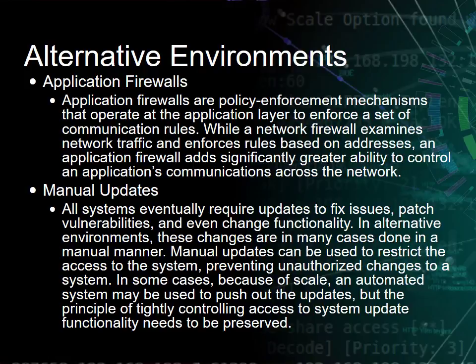So, in a large environment, like for example the water supply for a major city, they could try pushing updates to the different controllers using a central system like an SCCM server. However, in reality, the best bet is probably to go and manually update each one of them. That way, if there's a catastrophic event during an update for the software, something goes wrong, it doesn't affect multiple systems at a time.